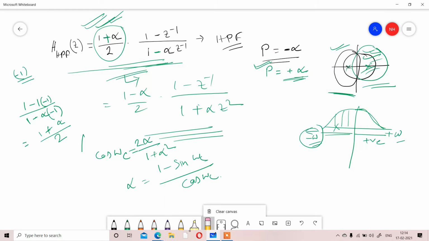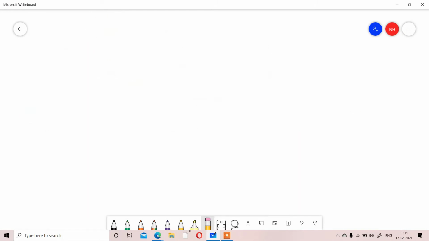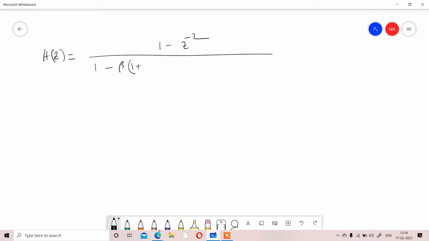For that case, I am not showing the calculations, I am simply writing H(z) equal to 1 minus z to the power minus 2, divided by 1 minus beta 1 plus alpha z to the power minus 1 plus alpha z to the power minus 2.